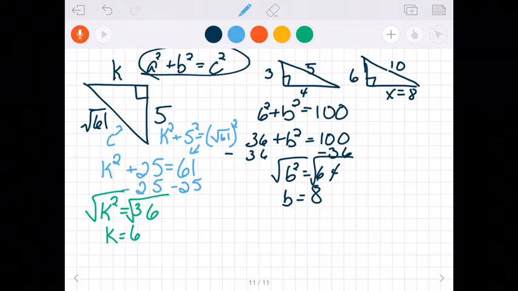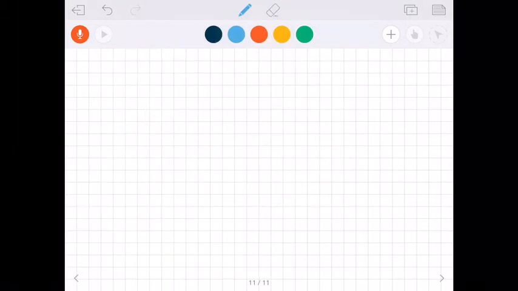All right, let's do another example. Let me just say real quick that you need to memorize the Pythagorean triples I have listed. There are actually more than that.